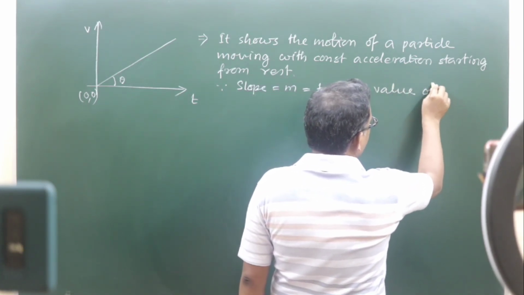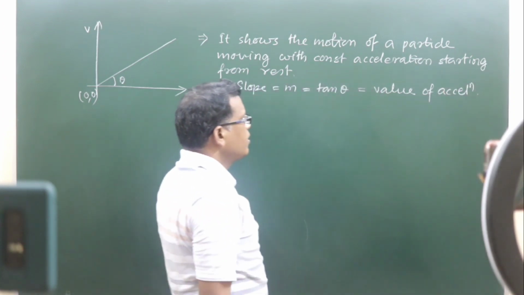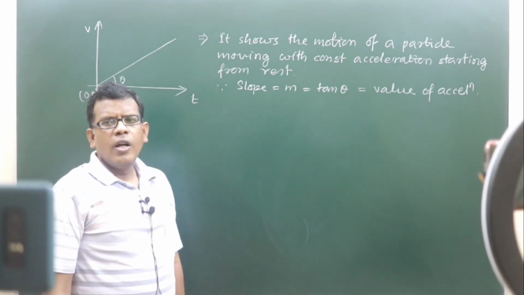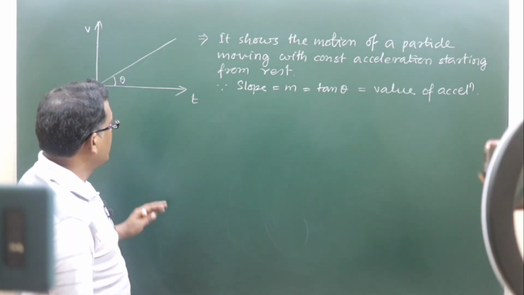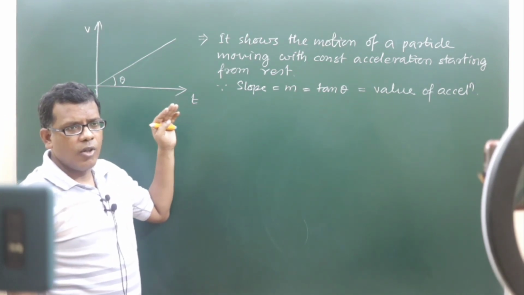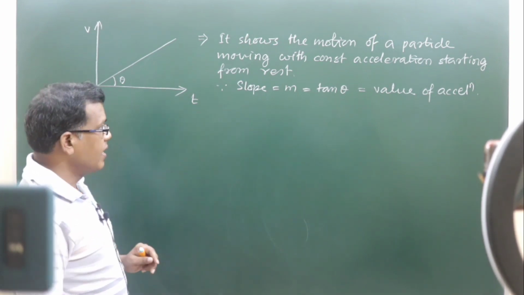Slope of a Vt graph will be the value of acceleration. Got my point? So whenever a straight line is drawn having constant slope, in a Vt graph that constant slope will represent the constant acceleration.